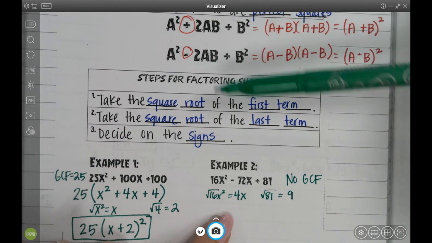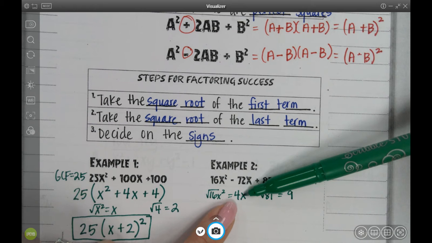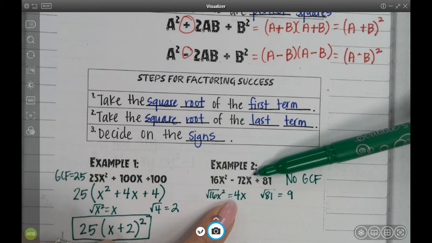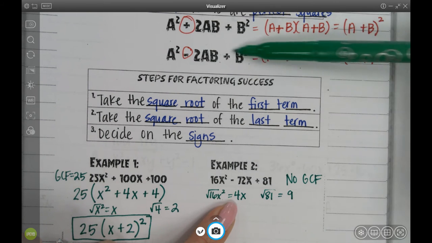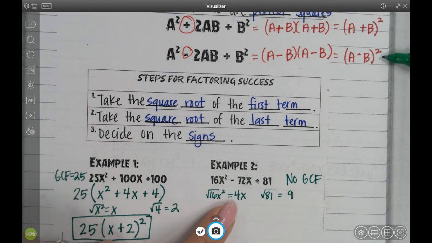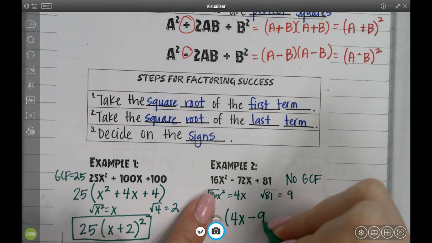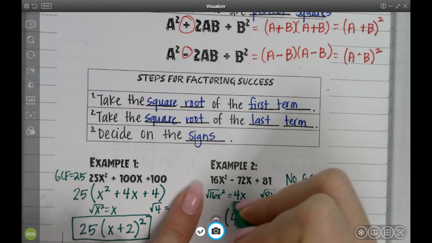Well, what is 2 times 4? 8. What is 8 times 9? 72. So this does fit my pattern. It's going to fit this one. So I can automatically go straight from here to here. So this is going to factor 4x minus 9 squared.